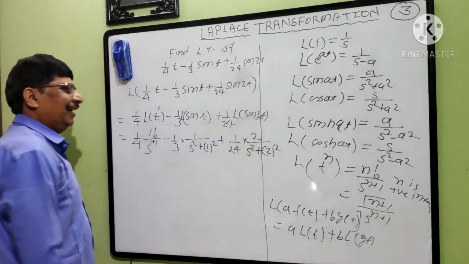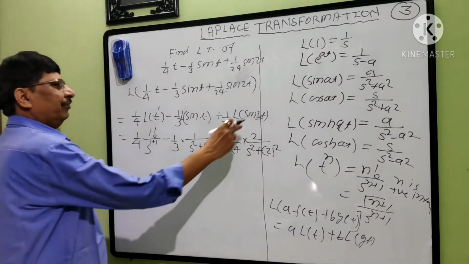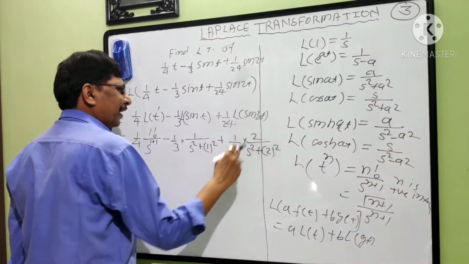What is the formula for sine? In the numerator a. Here it is 2t, so in the numerator it is 2. A upon s square plus a square, where a is 2, that is 2 upon s square plus 2 square.